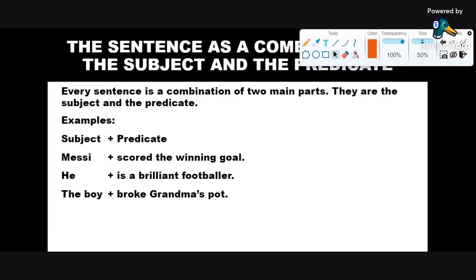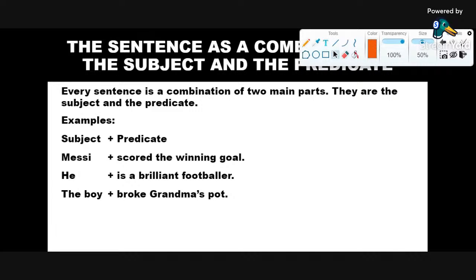Is a brilliant footballer tells us what the subject is. Now take note that the predicate begins with the verb is. The subject he plus the predicate is a brilliant footballer make up the sentence. He is a brilliant footballer. All right? So that's the way it is.